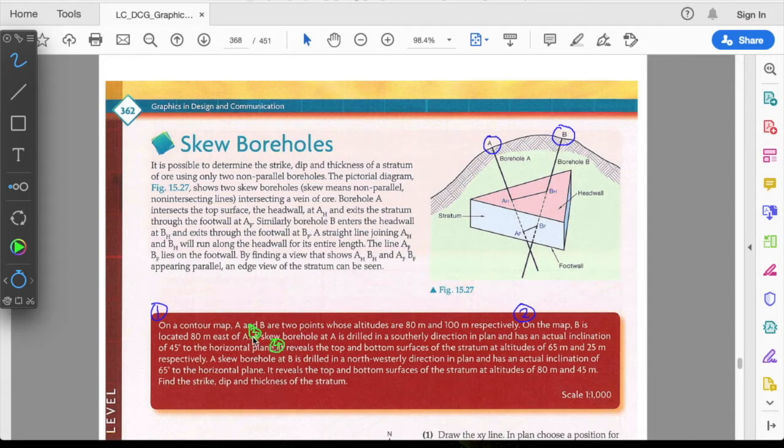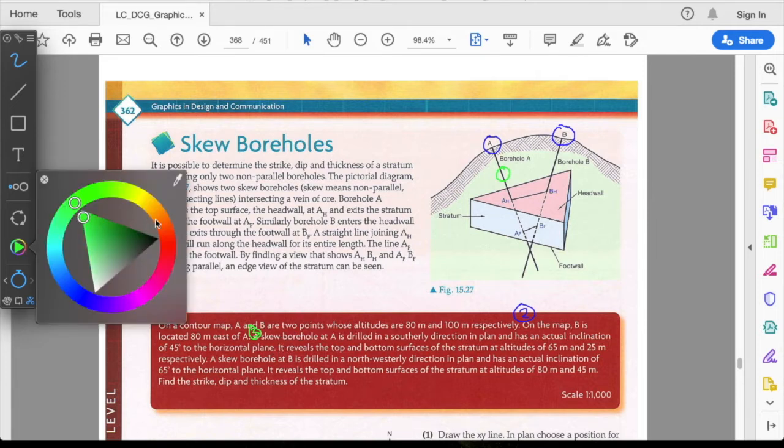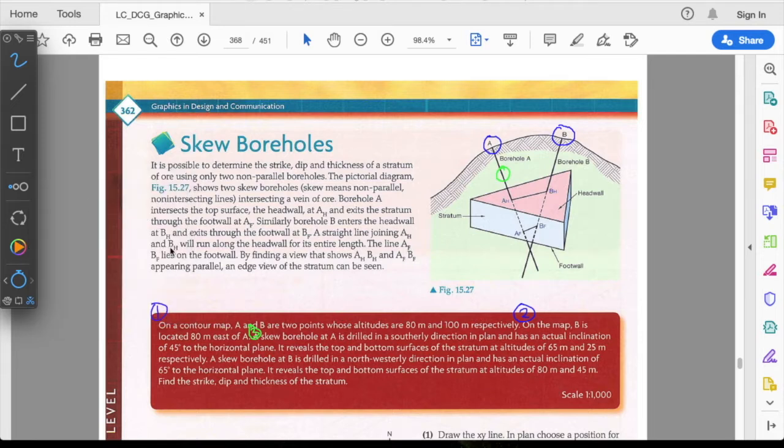And what they're giving you is this line, and it is giving you the point for AH and AF. So that's what those are giving you. And to get even more detailed about it, if we take this out for a second, number 4 here reveals the top and the bottom surface.